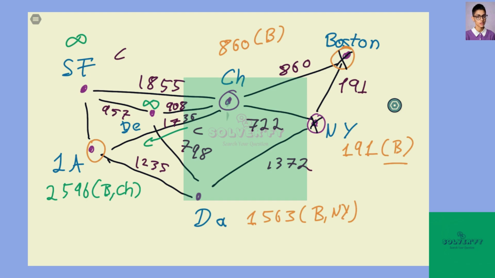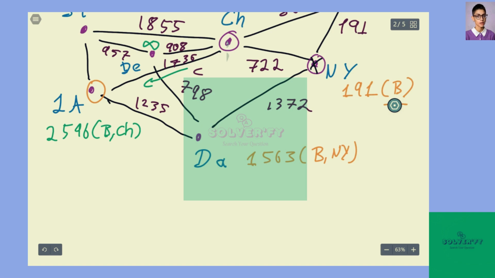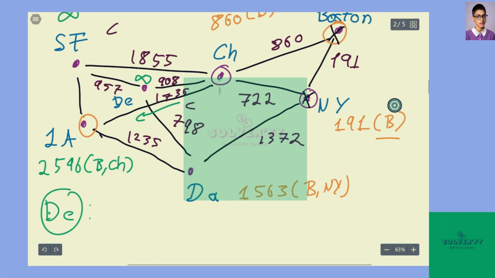We can go to Denver. However, I don't have enough space to draw there, so I'm going to put Denver here. The distance will be 860 plus 908. So if we go from Chicago to Denver, following this edge, the total distance until reaching Denver is 1,768, and the path is from Boston to Chicago.